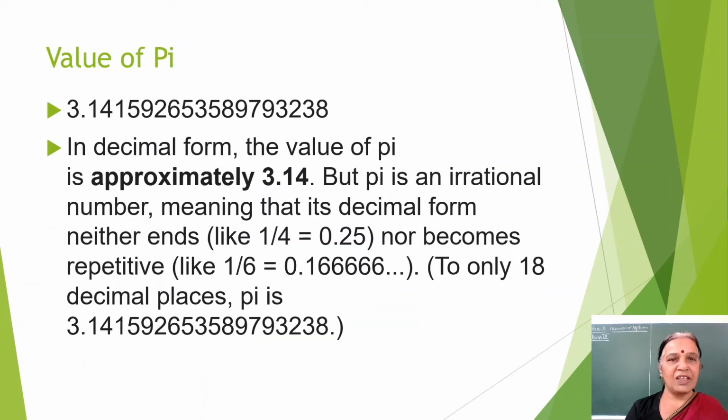Now, see the value of pi. It is given up to 18 decimal places. In decimal form, the value of pi is approximately equal to 3.14.